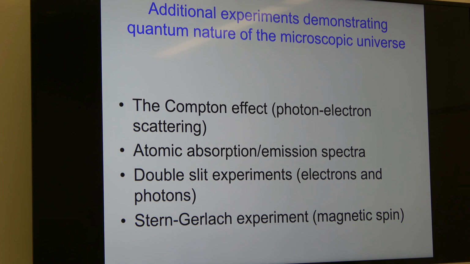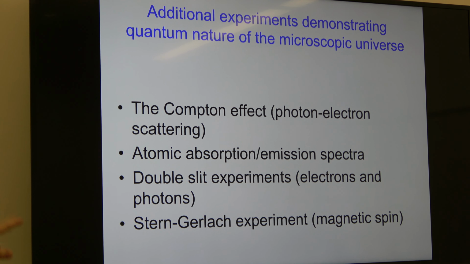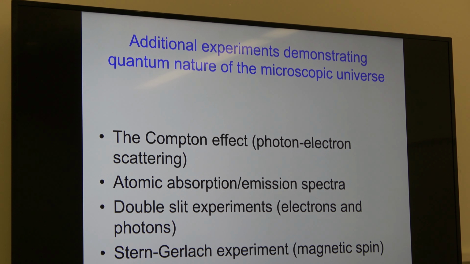Okay, so these are some additional experiments that were done. I will just mention one thing: the Stern-Gerlach experiment, which showed a new property of matter that was not known at the time, namely something called spin. Elementary particles like electrons, protons, or neutrons have a magnetic property, because they interact with the magnetic field.